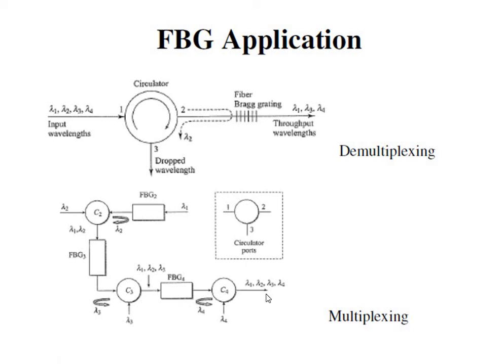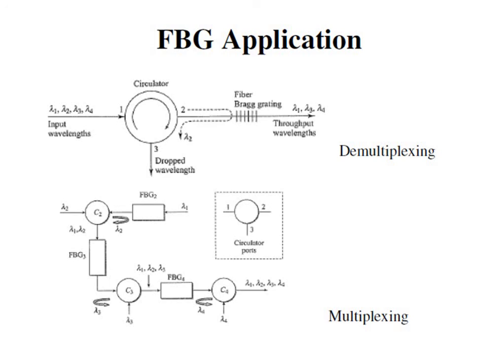To see how the multiplexer functions, first consider the combination of circulator C2 and fiber filter FBG2. Here filter FBG2 reflects the wavelength lambda 2 and allows lambda 1 to pass through.